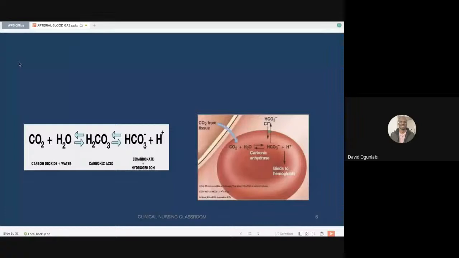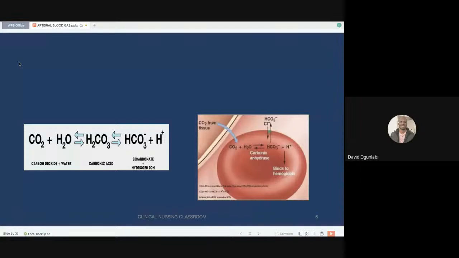So if I want to know if the body is in a state of acidosis, what I need to do is to take the level of this carbonic acid in the body. But the reason why arterial blood gases are important is this: there is no way you can measure exactly the level of carbonic acid in the body.